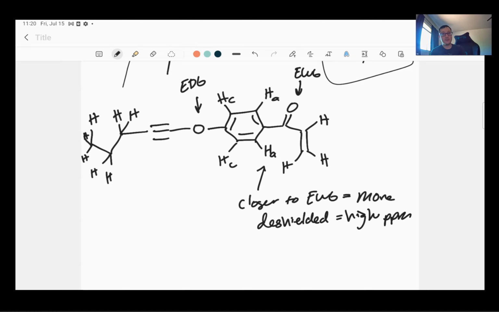Okay, so we've got our aromatics out of the way. And we did identify HB earlier, right? We identified it as this one on the alkene, and we see that it's super high up, again because of that ketone nearby that one of you pointed out. So with D and E, we didn't quite figure them out.